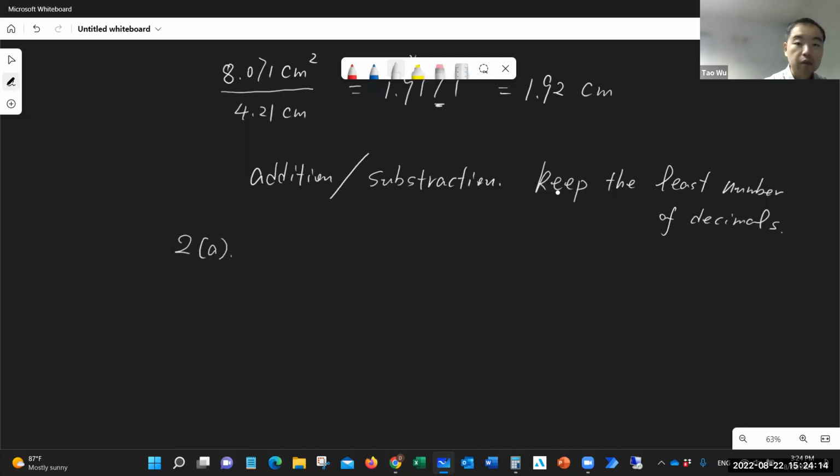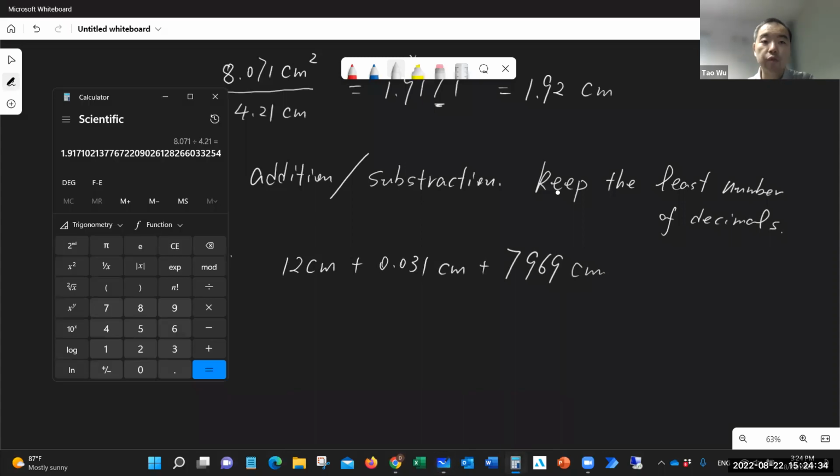So 12 centimeter plus 0.031 centimeter plus 7969 centimeter. So that is addition. Generally, you just put everything in your calculator: 12 plus 0.031 plus 7969.